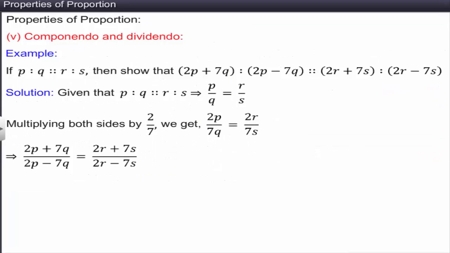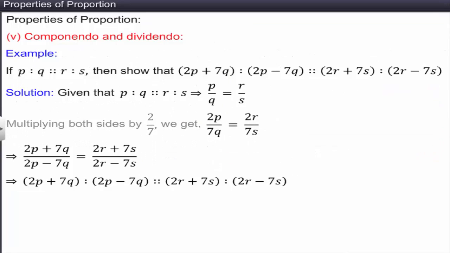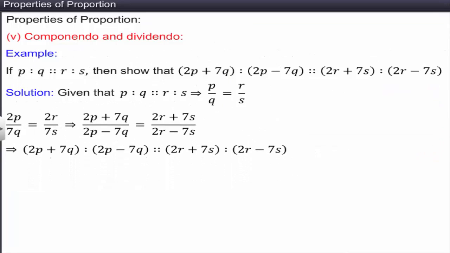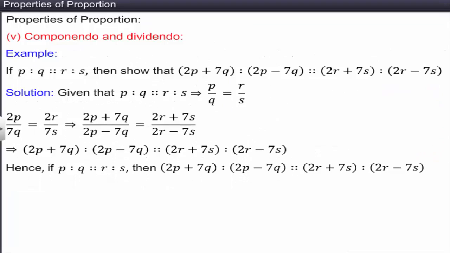In proportion form, it can be written as shown here. Hence, P is to Q as R is to S implies that 2P plus 7Q is to 2P minus 7Q as 2R plus 7S is to 2R minus 7S.